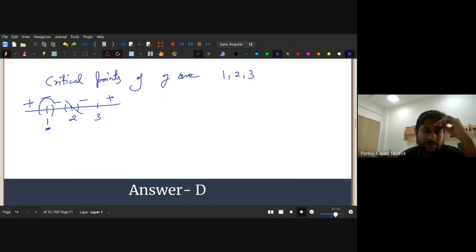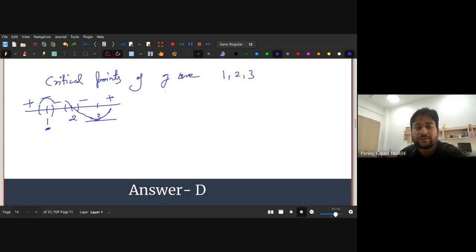Initially the function was decreasing and then it started to increase, something like this. If you continue this path, it will increase this way. So it is a point of minima.